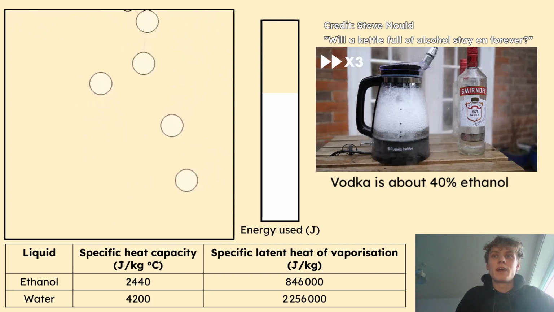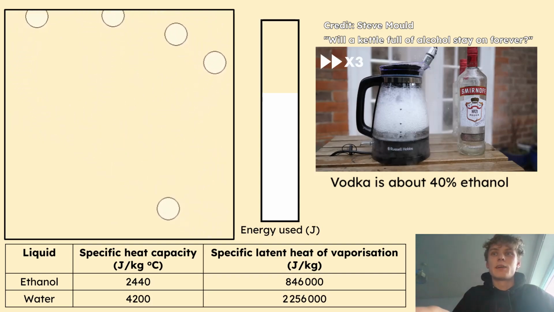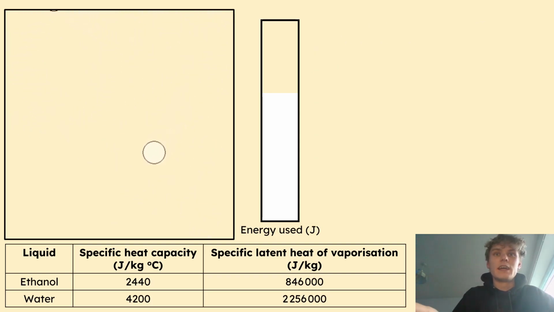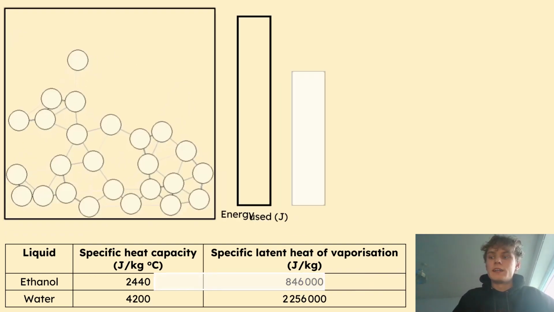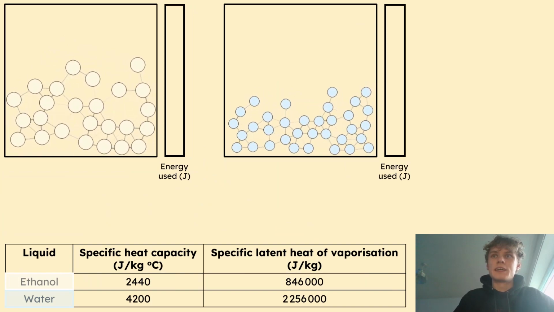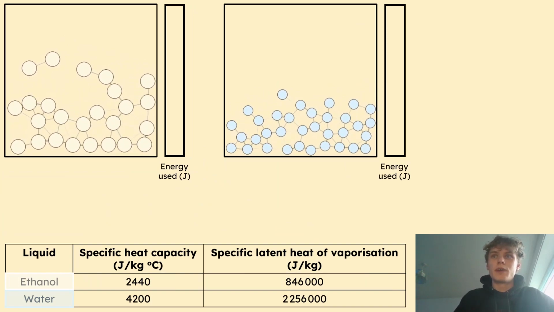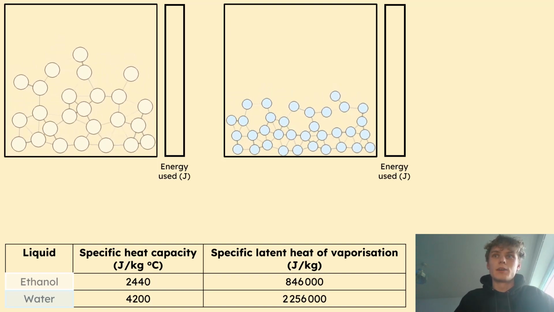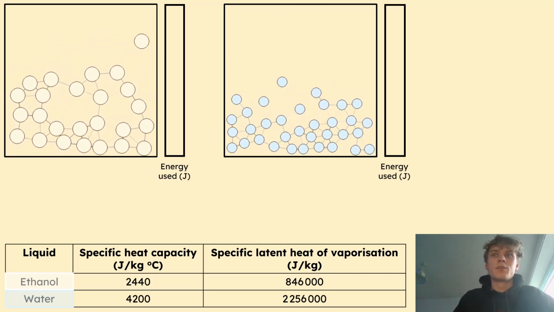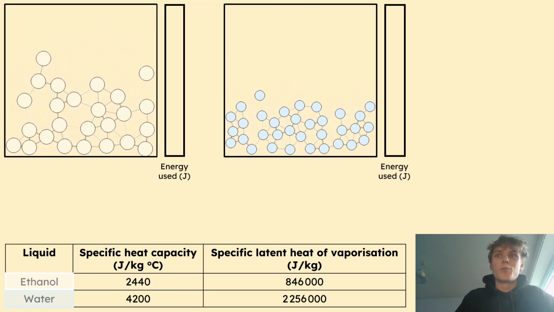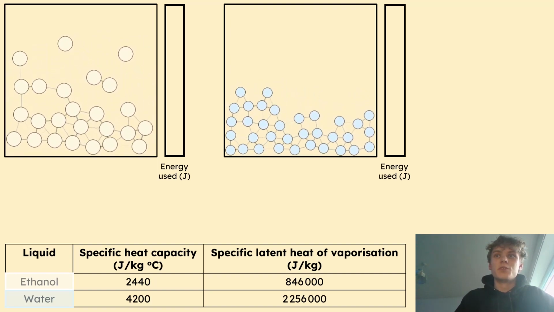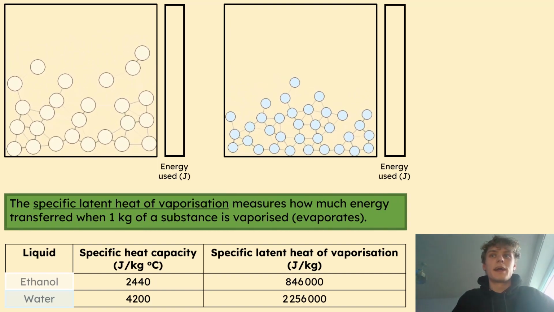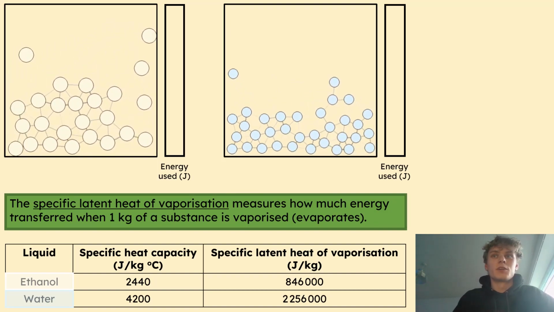And the amount of energy you use to evaporate exactly 1 kilogram of ethanol is the specific latent heat of vaporization of ethanol. But different substances will take different amounts of energy to evaporate, depending on how strong the intermolecular forces are between the particles. And that's what the specific latent heat of vaporization measures. How much energy you need to overcome the intermolecular forces for 1 kg of a substance.